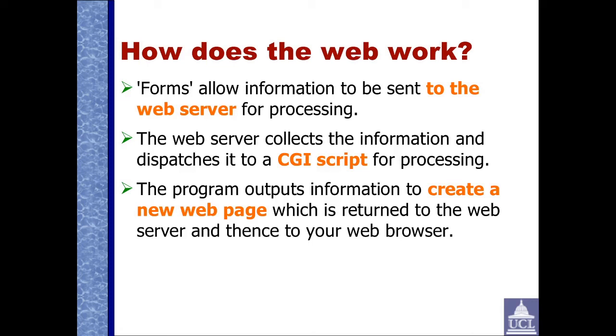So then the CGI script, or whatever other method we're using, outputs information to create a new web page which is returned via the web server to your web browser.